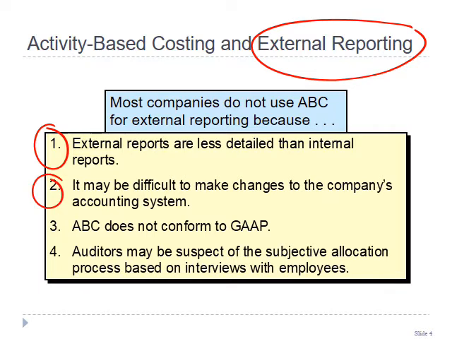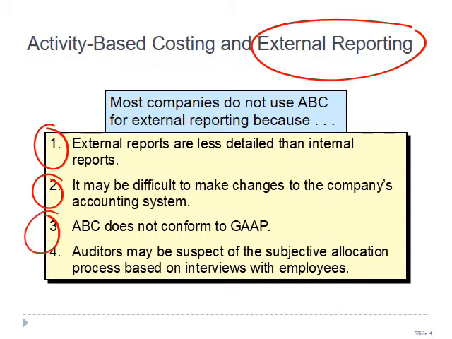The second one is it may be difficult to make changes to the company's accounting system. That's the problem, because change is really difficult to implement. If you are already using some other costing method and you are switching to another, it is very difficult.